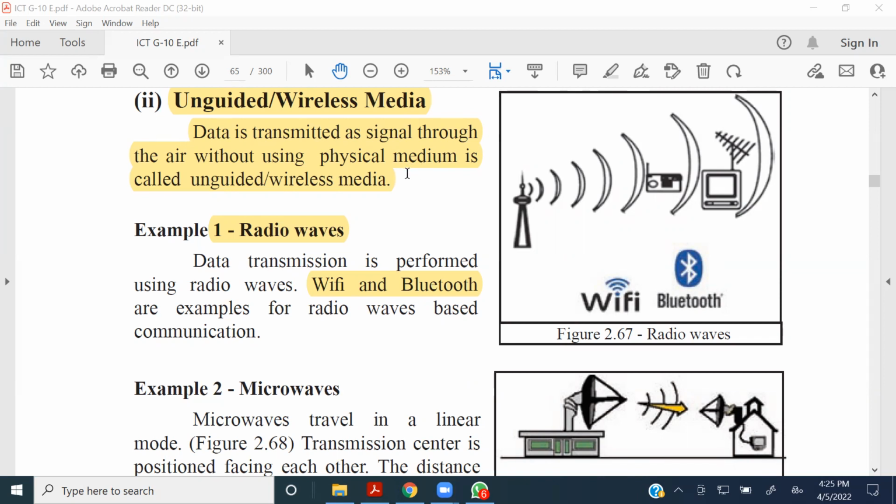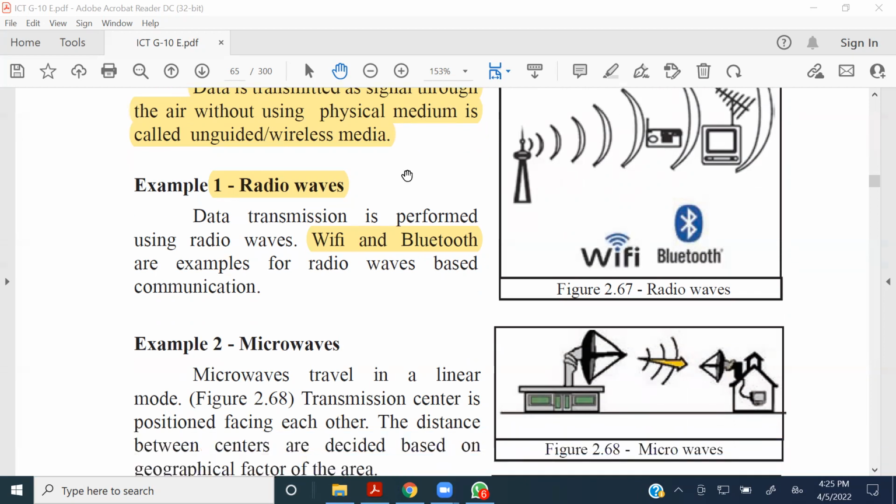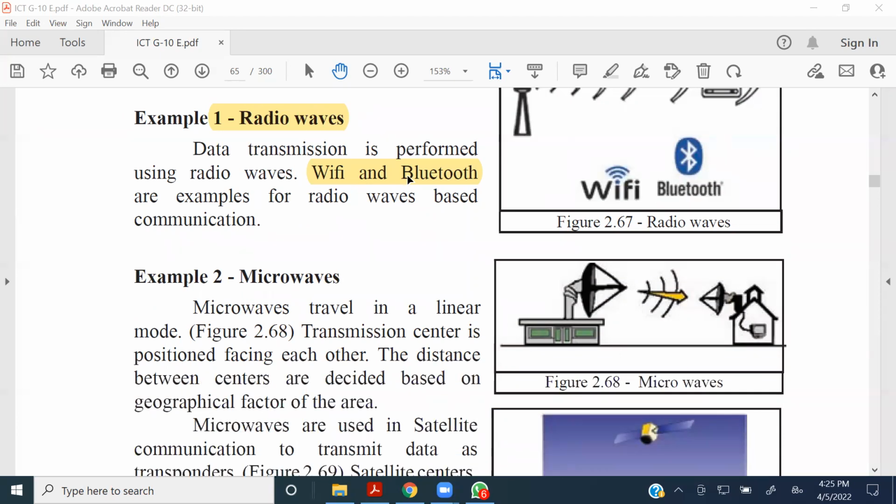I'm slowly moving the note upwards so I can highlight the things regarding the microwaves.